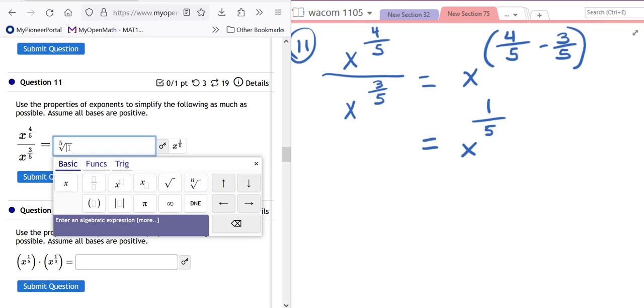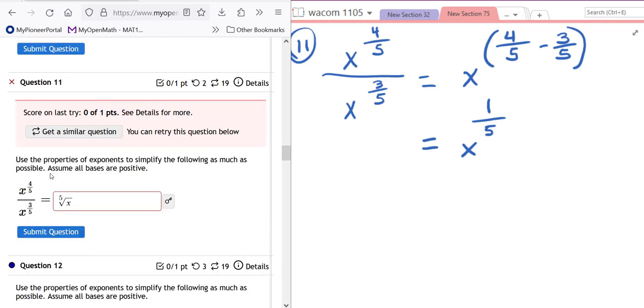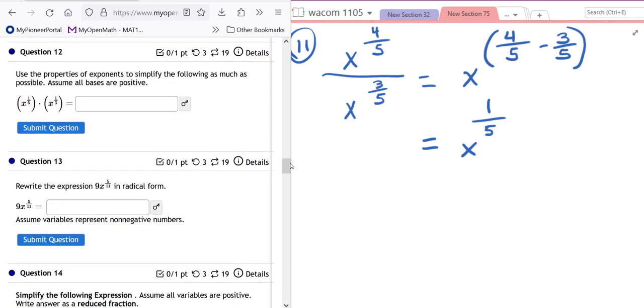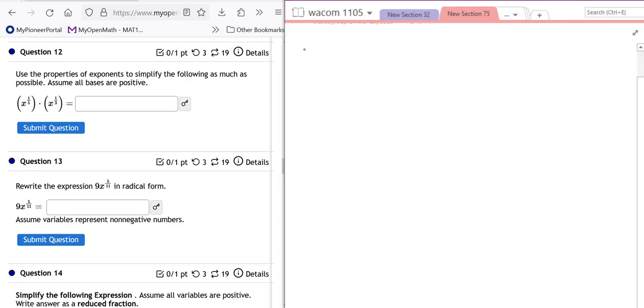That's more work than you need, but we'll check it. No. So it wasn't specific. That is an equivalent answer. They should have said, write your answer with rational exponents. Okay, so we did it right. You don't have to switch back to the radical. Okay, number 12.